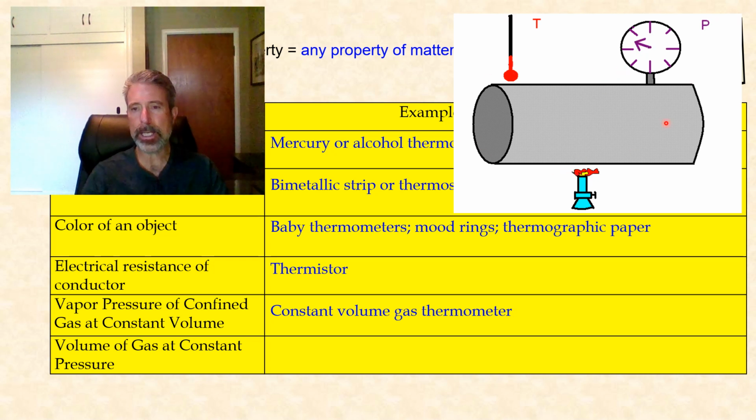Inside that container is a gas, and you will see that when that gas is heated, we're not allowing the volume to change like in the case of the mercury alcohol thermometer, but it does cause a pressure increase, which can be recorded. It turns out that gases are sensitive, their pressure is sensitive to being changed with changes in temperature.